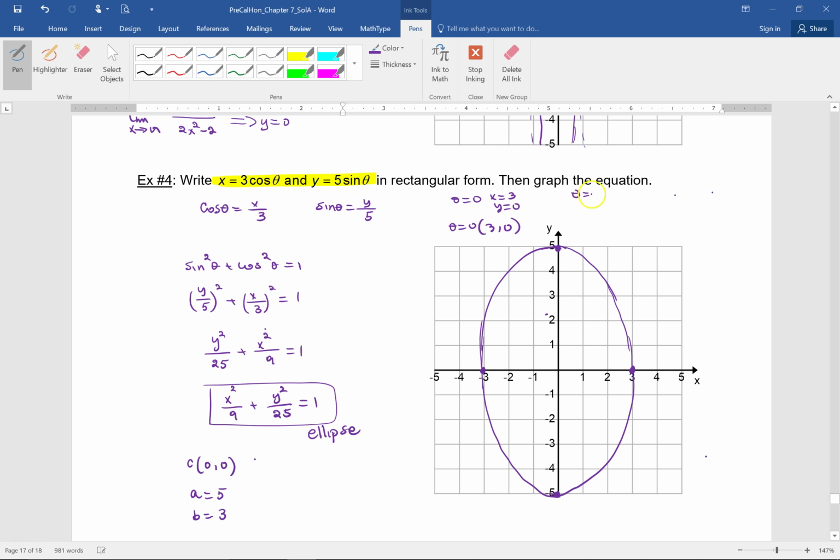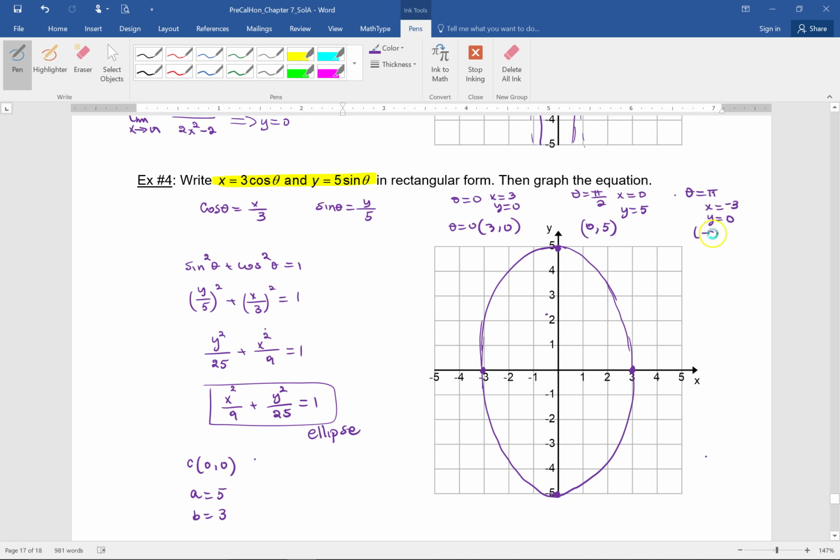What if theta is equal to pi over 2? Right? What's the value when theta is equal to pi over 2? How much is x? X is 0 and y is 5. 0, comma 5. And when theta is equal to pi, how much is x? Oh, pi, x is negative 3 and y is 0.